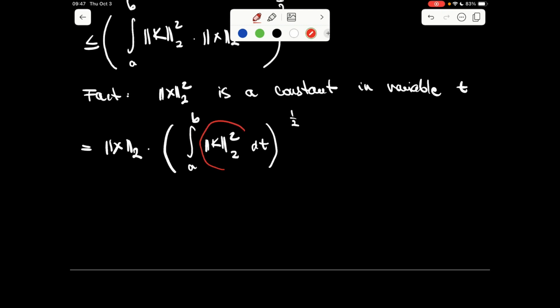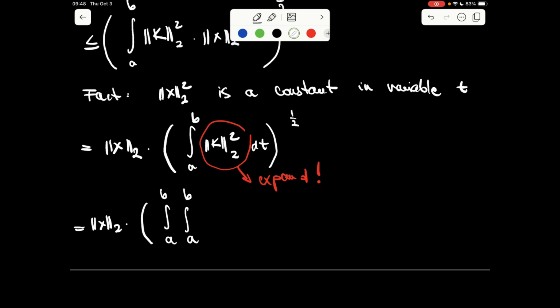And now let's expand the integrand. So we don't do anything but expanding what we have inside the integral, which is actually the square integral of functions. This is the norm in the space L2.